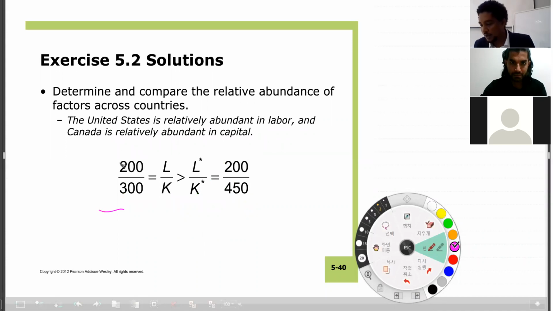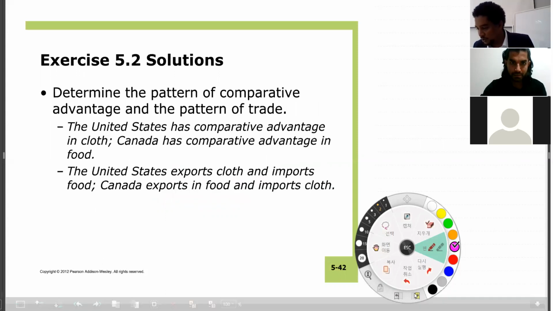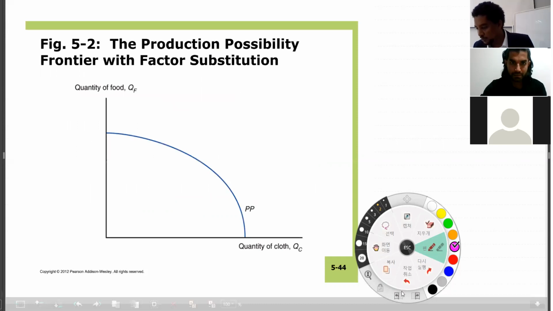You can determine the relative abundance and opportunity cost in home, and this is for foreign, as we have already discussed. You can see the difference in opportunity cost is higher here, because this is less. And the solution is also provided, so I want you to go through this.